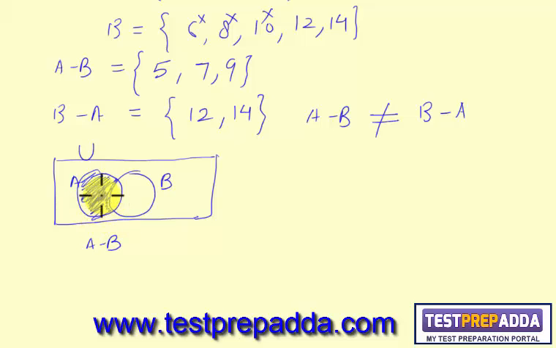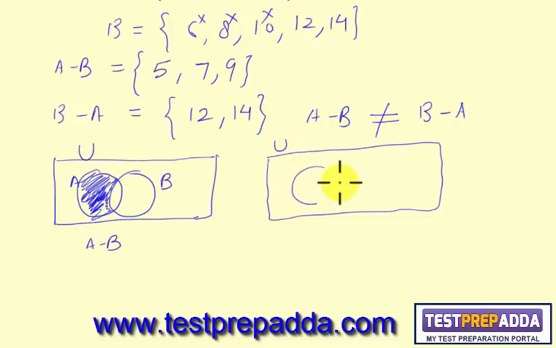This is A minus B. Now if I try to find B minus A, again this is the universal set, this is A, this is B. So B minus A will be this portion.